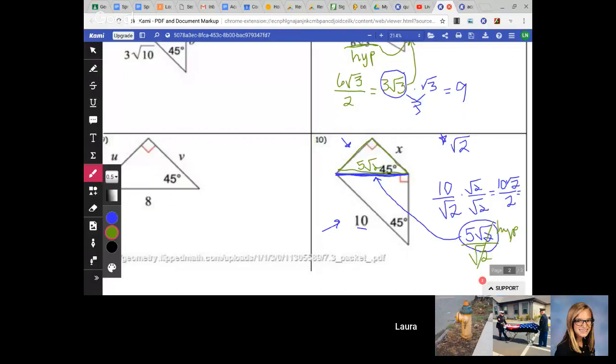Get your milk. Sorry, you did a face plant on the floor. Just a second.